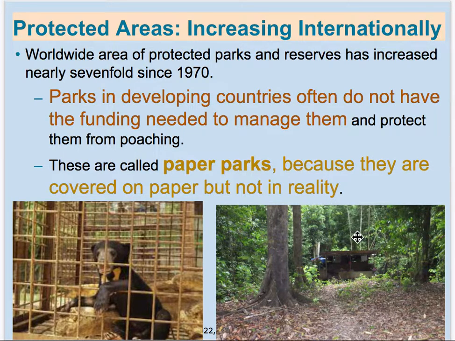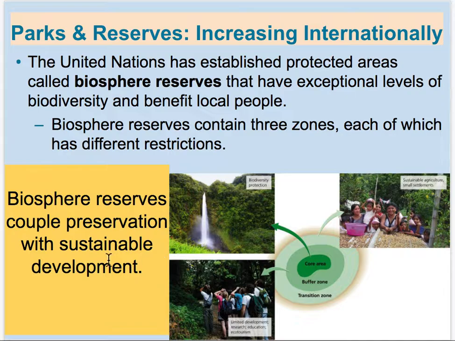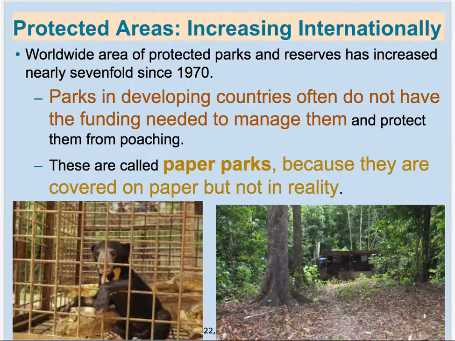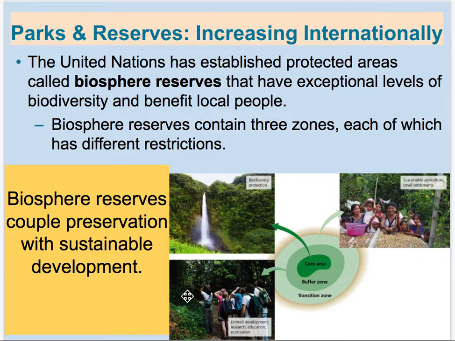So again, like the hunting blind that was in a protected space that was illegal, these are called paper parks because they exist on paper, but in reality they're not treated any differently than any other space in the area. And this is a sun bear that's highly endangered, and we found it in a cage that somebody was trying to capture it and sell it, probably as a pet or for food.